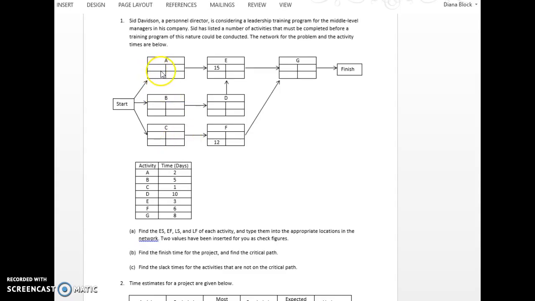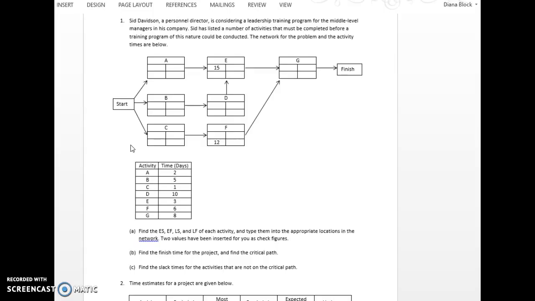And so if we start off, for example, in activity A, there's no prior activity before you start activity A, so the earliest you could start it is day 0. You could start at the very beginning. You don't have to complete any other activities. And that's the same for activity B and C. There's nothing before it, so you could start these as early as 0.